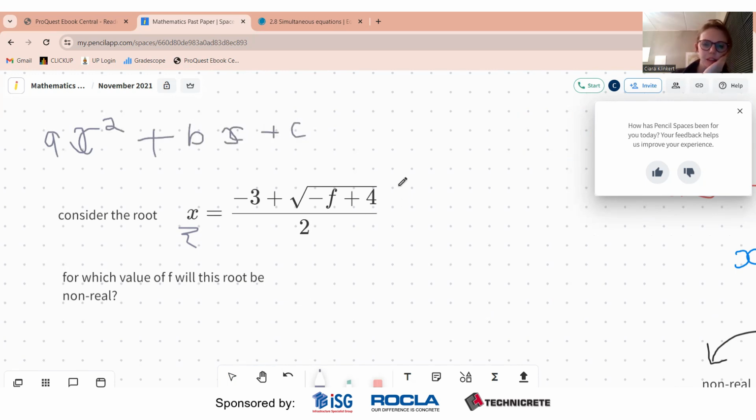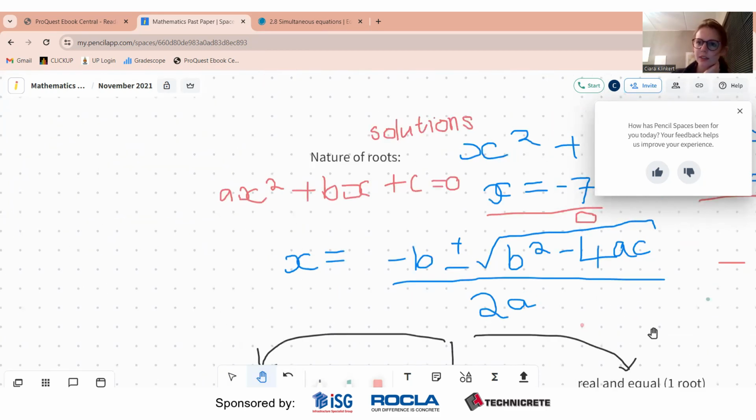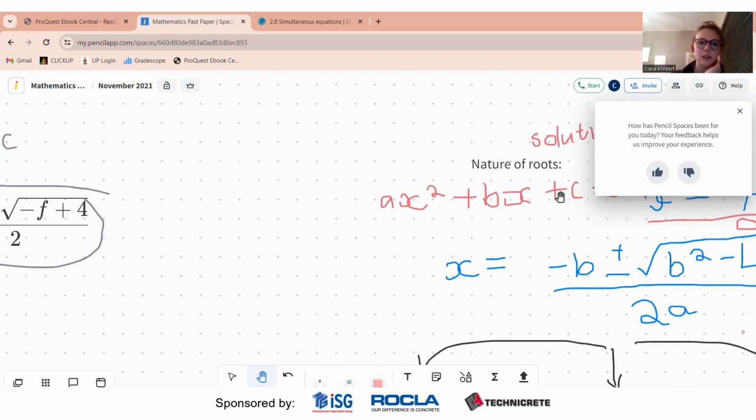Well, this format looks really familiar. In fact, the whole thing, x is equal to a fraction with a root on it. Does it not look quite similar to the quadratic formula? In this question, they've already applied the quadratic formula for us, and we need to analyze it.